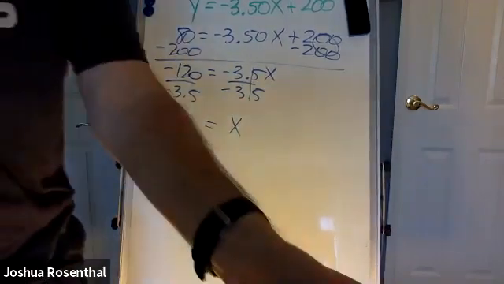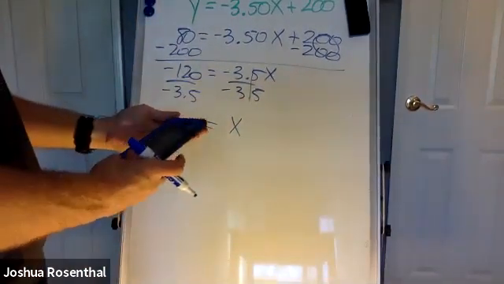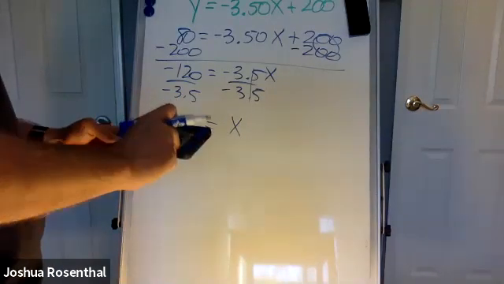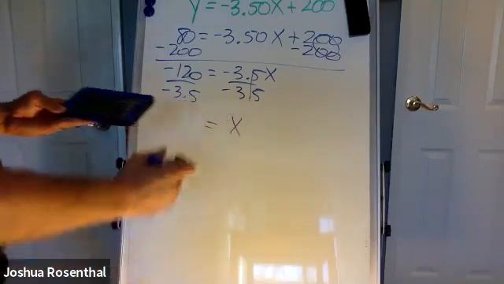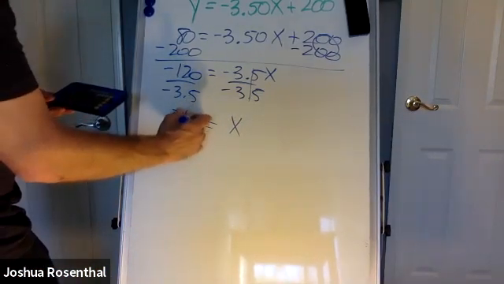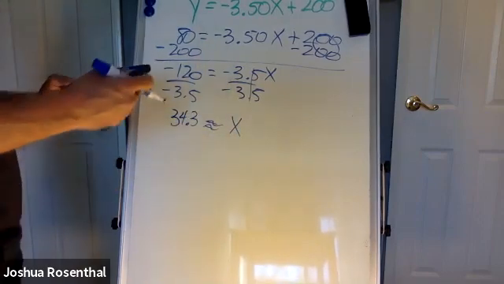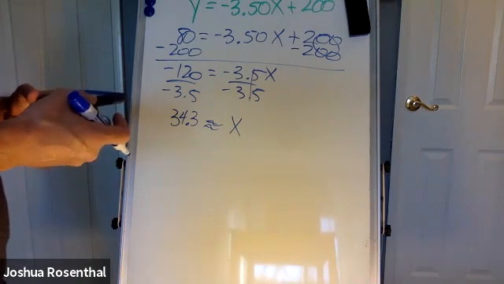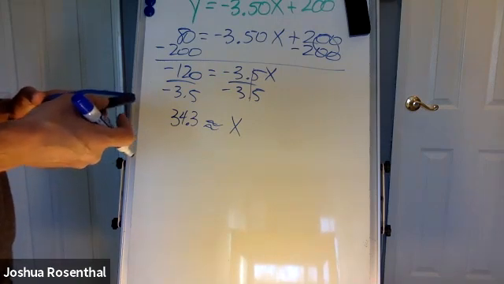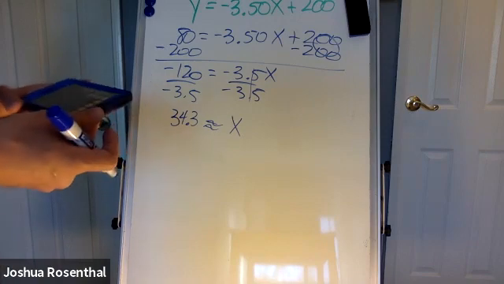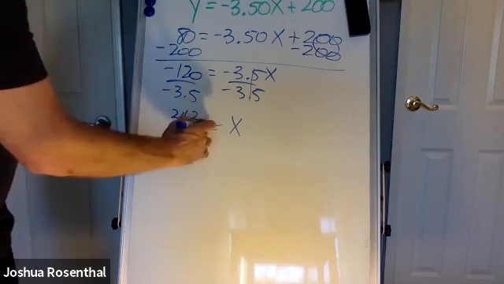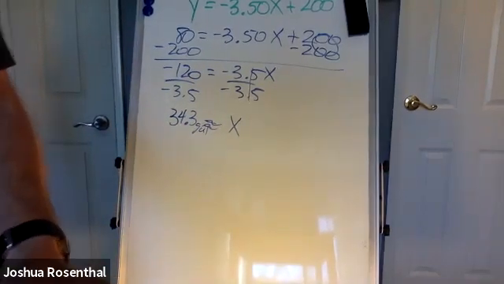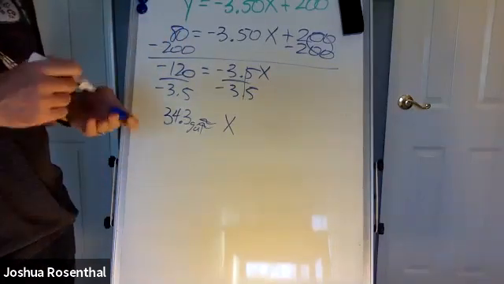And then you can use your calculator on the test. 34.3 gallons. Predict how many gallons of gas Jack has purchased when the balance on the card is about $80. So it's about 34.3 gallons of gas. At about 34.3 gallons of gas, Jack will have $80 left on the card.